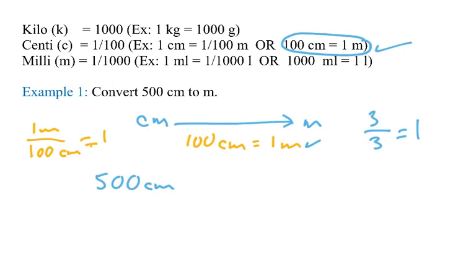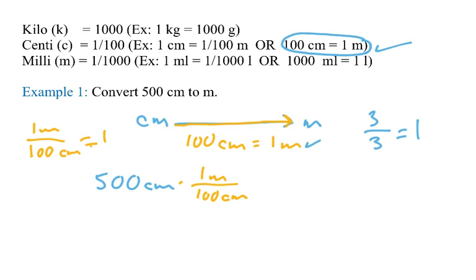Multiplying any quantity by 1 does not change its value. So if I multiply 500 centimeters by one of the two fractions I just showed you, you're not changing the value. And if I choose it in such a way that old units divide out and new units take their place, then that is how we go down the chain, so to speak, from one unit to another.